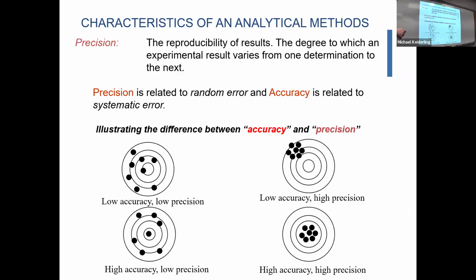It's not well aimed at the target, and it's a wide distribution. This is low accuracy, but high precision. It's tightly grouped, but it's missing the target. Here's high accuracy, low precision. It's hitting the target, but it's widely distributed. This is the sort of thing you can correct by averaging. And then here's the ideal situation, high accuracy, high precision.